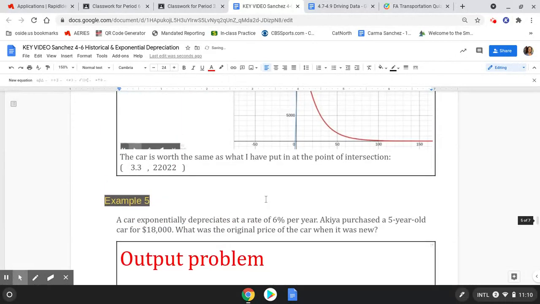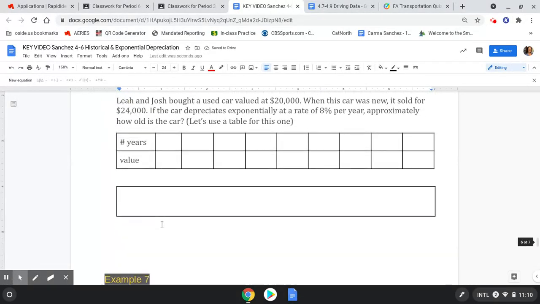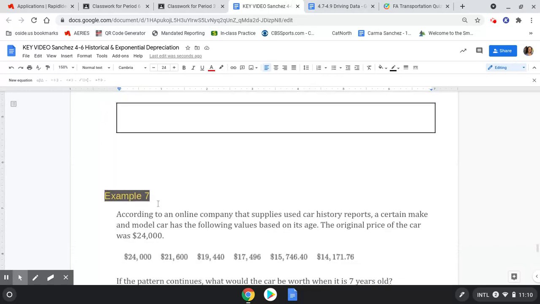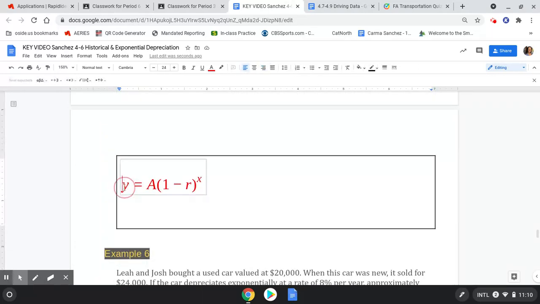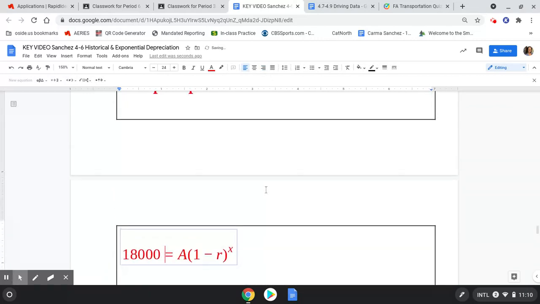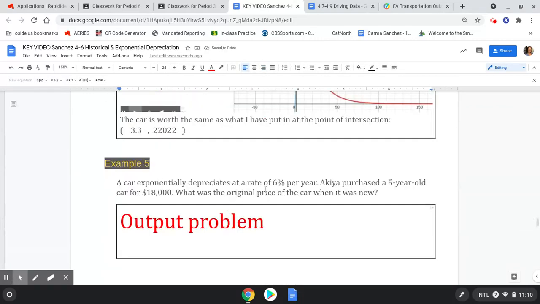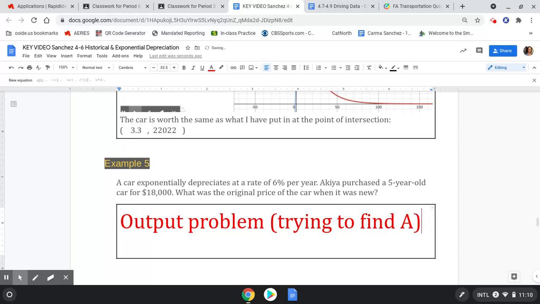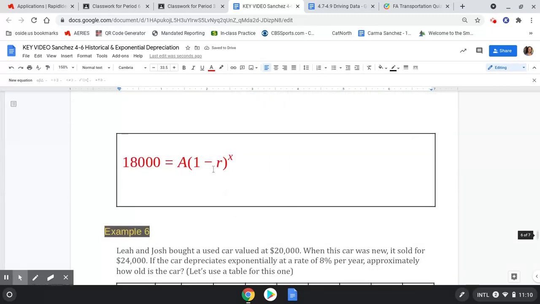So what do we know from this problem? We know that it's worth 18,000 now. So we've been given the output, or the y. We don't know the value that it originally was. What was the original price of the car? A is what we're trying to find. And 6% depreciation in a 5-year-old car.